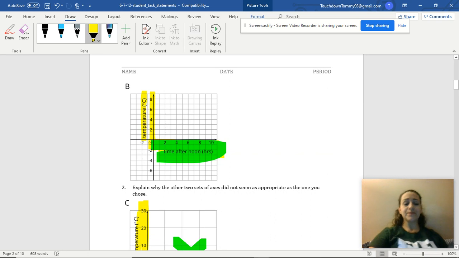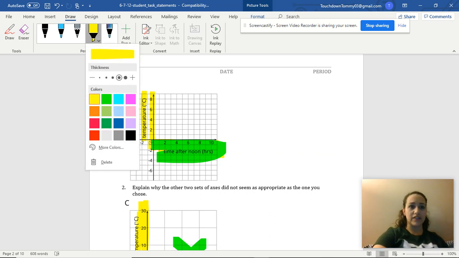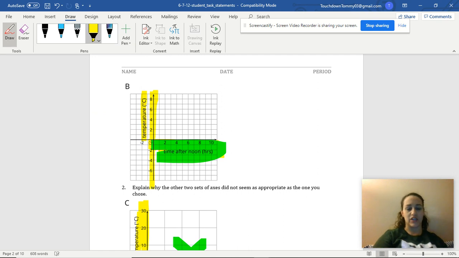B, however, this grid line, when I looked at it the first time, I failed to notice that it does in fact go into those negative numbers. So not only does this have the time broken down in increments or intervals that would be appropriate for getting up to 8, but our temperature is broken into smaller increments because we're working with single digit numbers, and it goes into the negative. So B is definitely going to be the best choice for us to plot these data points if we needed to do so.